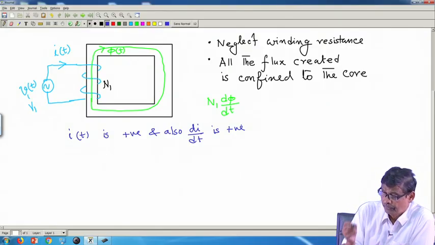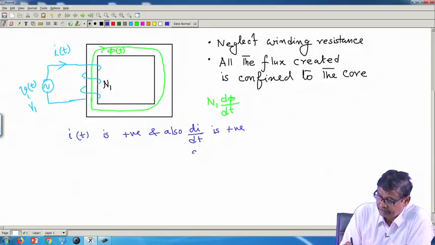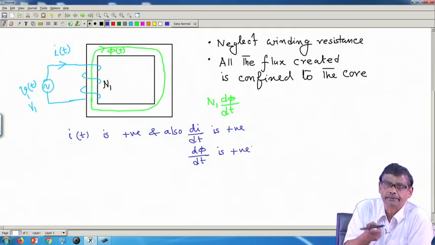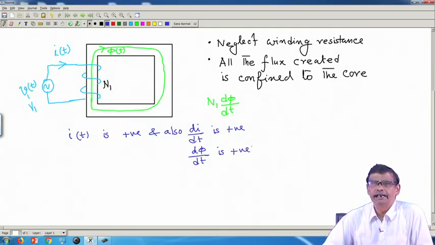Therefore, d phi dt in the direction shown is also positive. That is what we have attributed to time. d phi dt may be negative, but this will be taken care of by the equation.